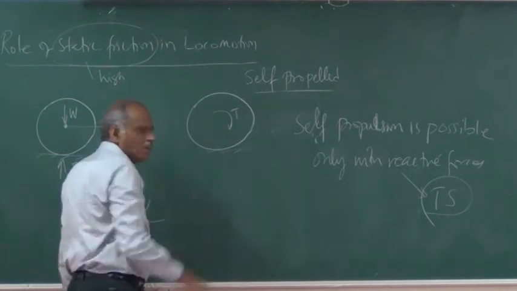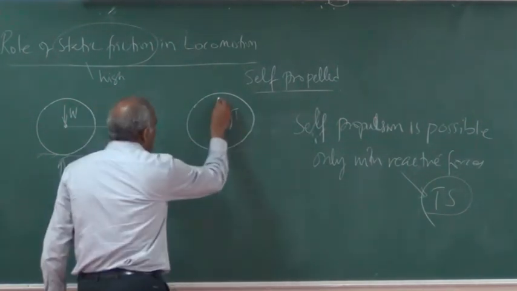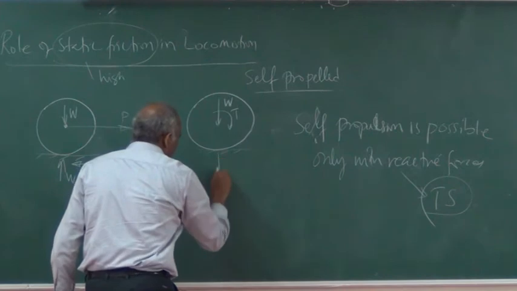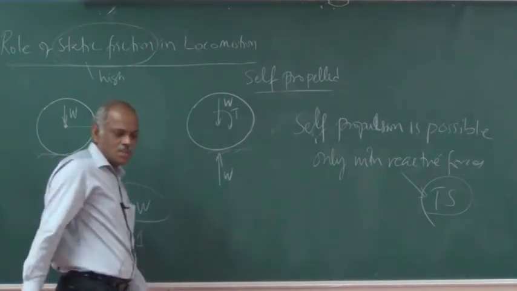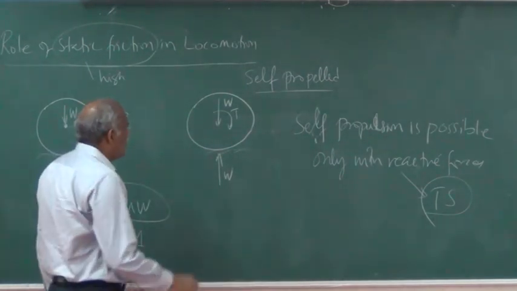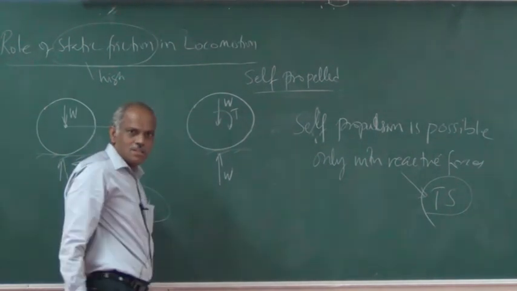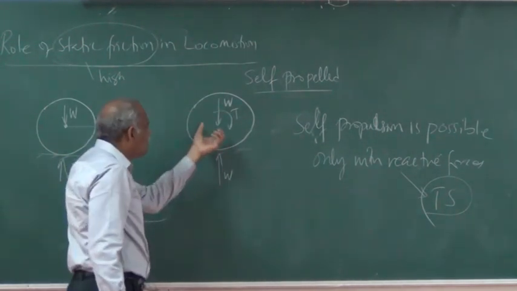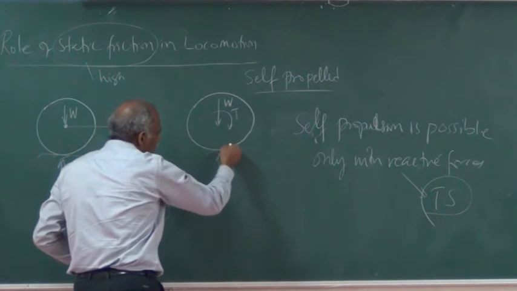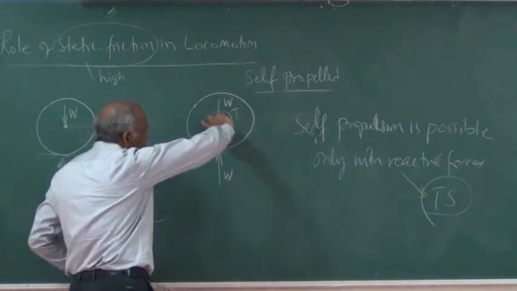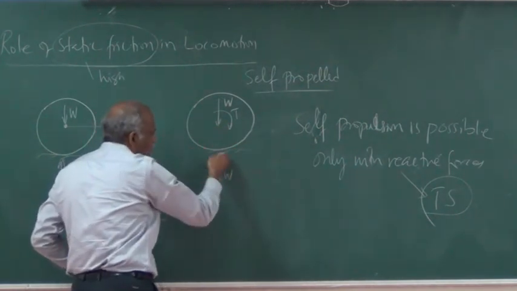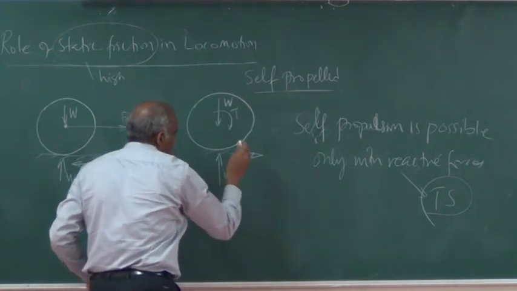So what kind of reactions are possible? Here weight W is acting, and you will have a vertical reaction W. Then you have the torque which is acting like this. The torque tries to rotate the wheel in this direction, so your friction force will be in this direction.